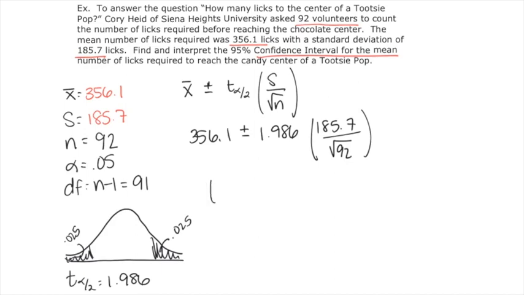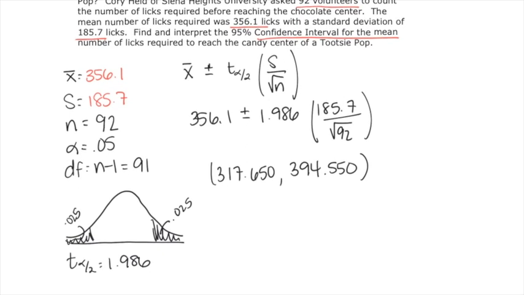Our lower bound was 317.650. Our upper bound, 394.550. When we interpret this, we're using that same interpretation that we used before.